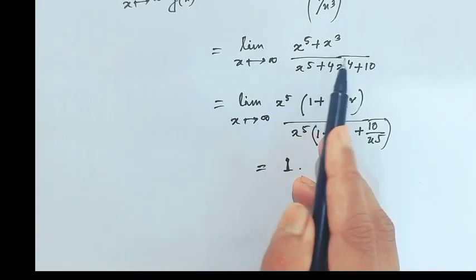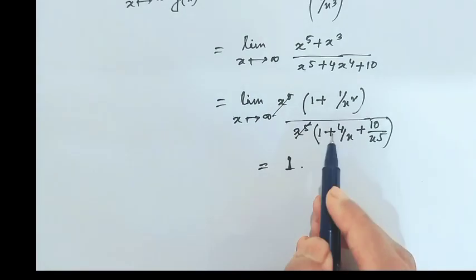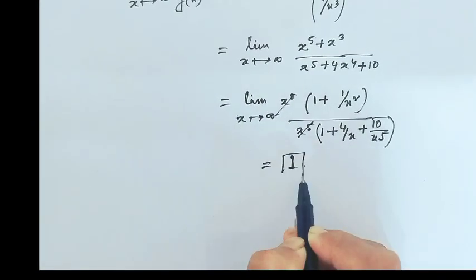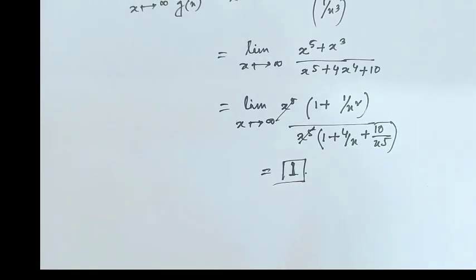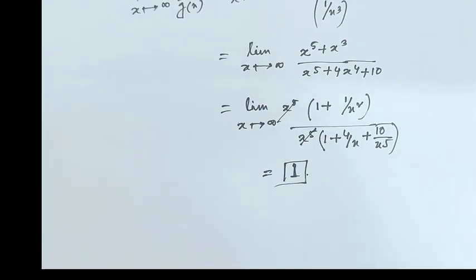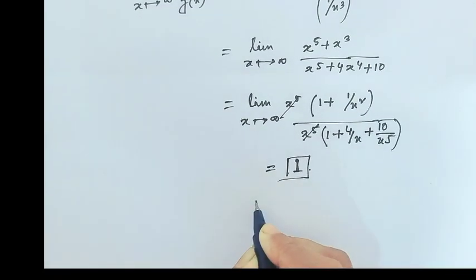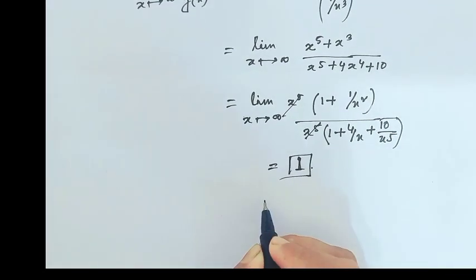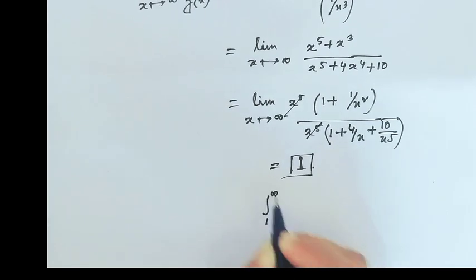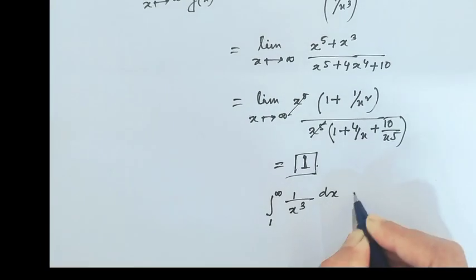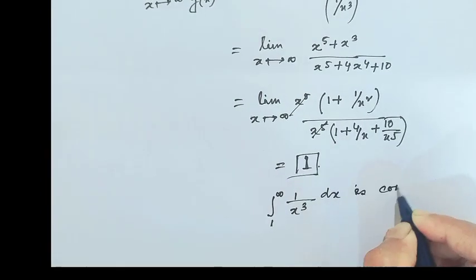Then the value of this limit, as x tends to infinity, would be 1. Since this value is a finite value, and since the integral from 1 to infinity of 1 over x cube dx converges, we all know.